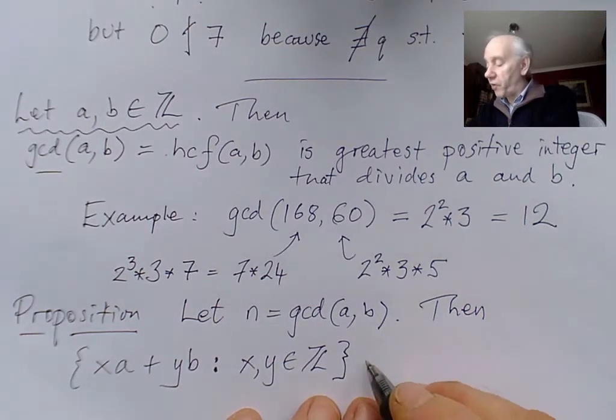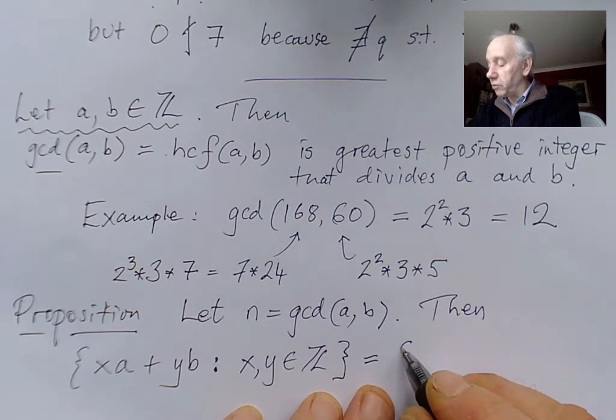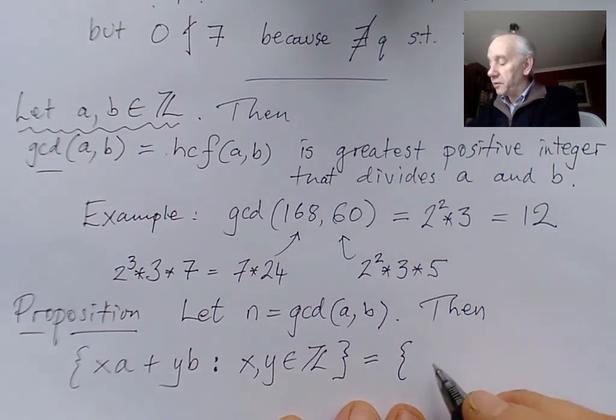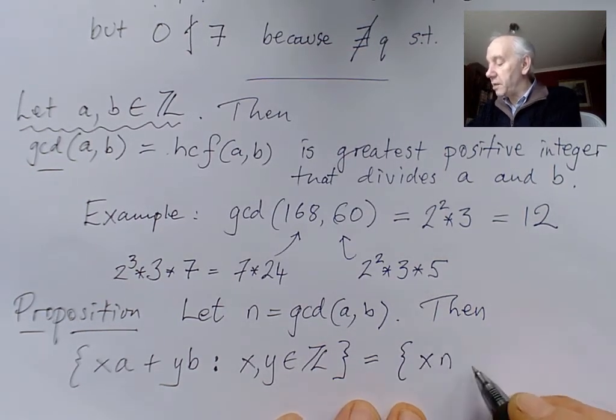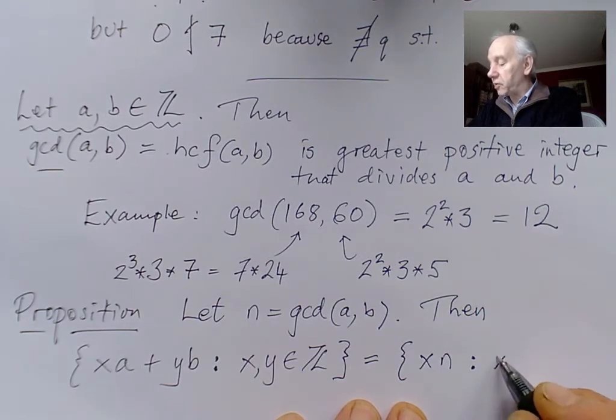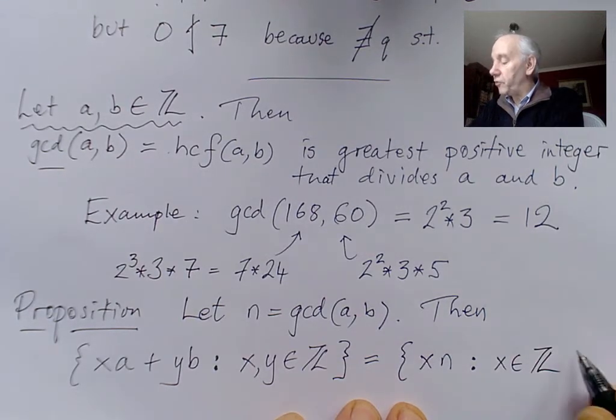This set is the same as the set of all multiples of n, so it's the same as x times n, where again x ranges over all integers.